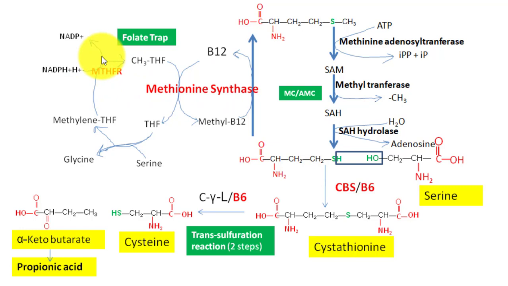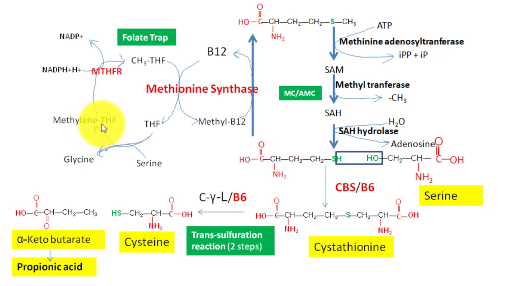Now the most common enzyme deficiency in folate metabolism that causes homocystinuria is of the enzyme called methylene tetrahydrofolate reductase. I have already talked in detail about the sources of one carbon groups for tetrahydrofolate. Serine becomes the source of this methylene carbon, and from serine this methylene carbon will be added to tetrahydrofolate.